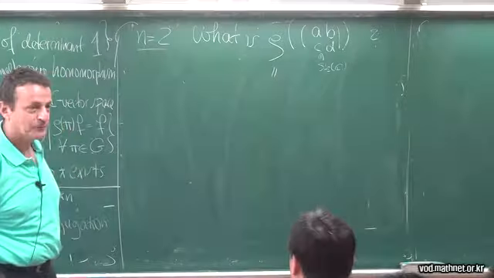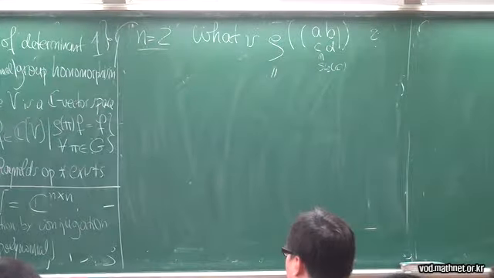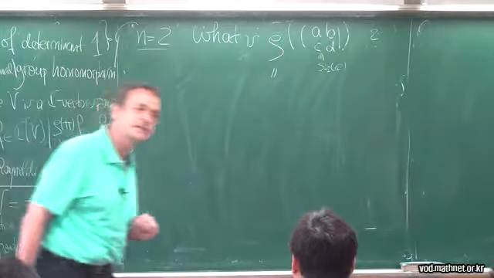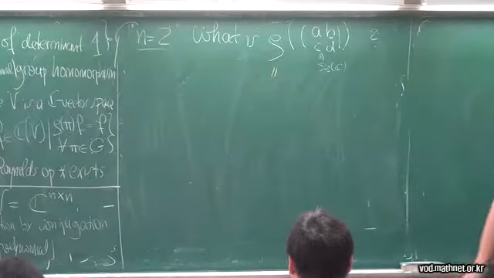Rho is a homomorphism. It eats a 2 by 2 matrix with determinant 1 and makes an element here. What's the size of this matrix? Abraham, what's the size of this matrix? 2 by 2. Frank, what's the size of this matrix?